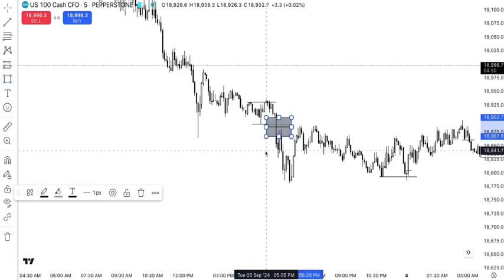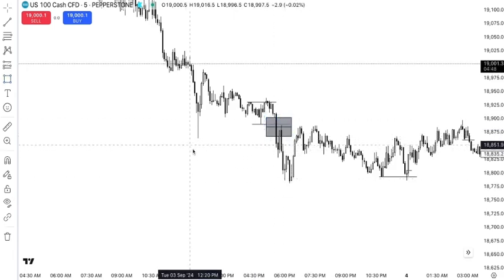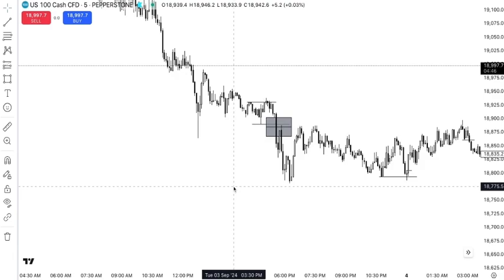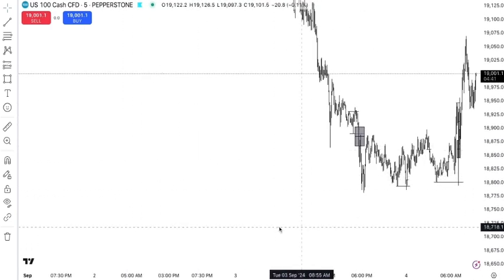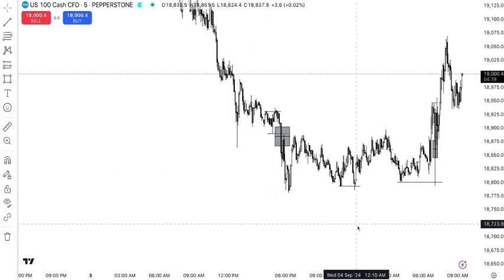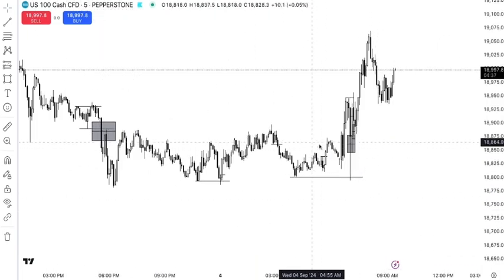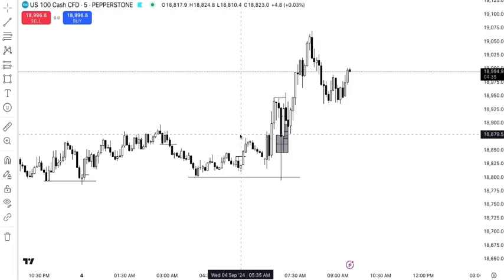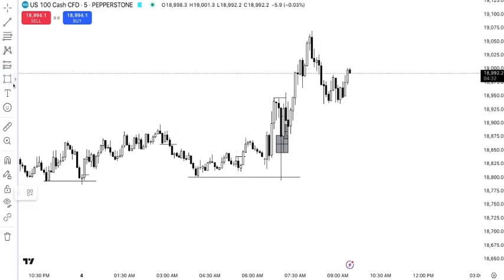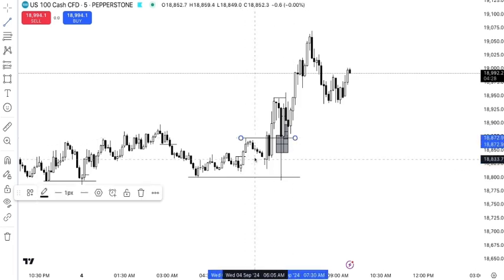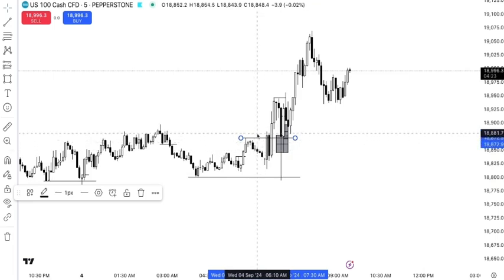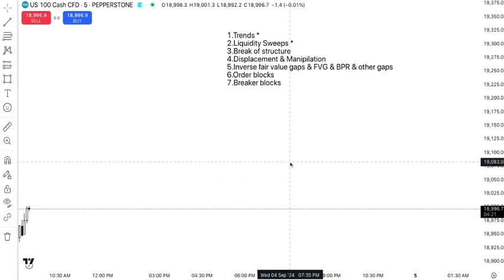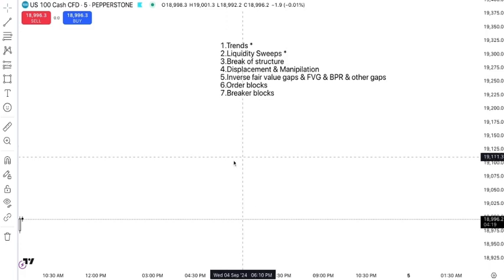Came back into this fair value gap, and then we have price come down to something over here probably, but we had price come down, and then right here, as you can see, we had price displace through right here. And as you can see, price came back down to sweep this and went all the way up.